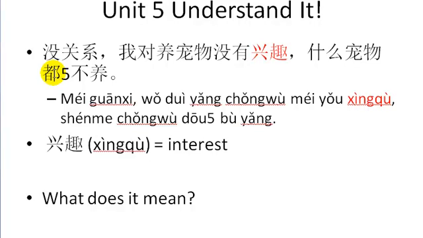And then you have 都 or 也. In this case, they use 都, so you know 都 means all, and 也 means also. But don't worry so much about what this means specifically. You need to pay attention to what the whole grammatical pattern means.